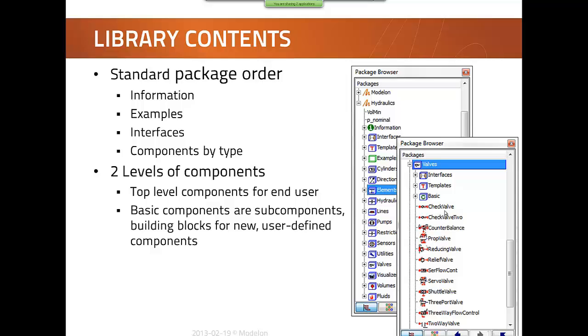These include volume type models in each connector, and the basic components are subcomponents of these components. But they can be used as building blocks for creating new user-defined components, and I will show you that in the library walkthrough.